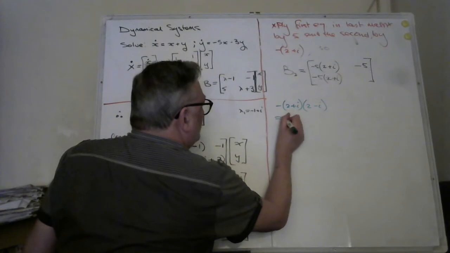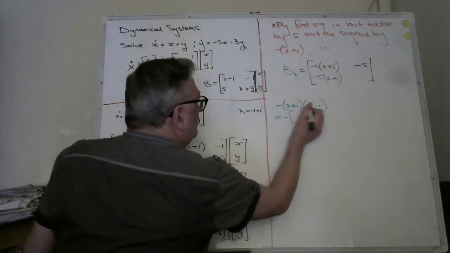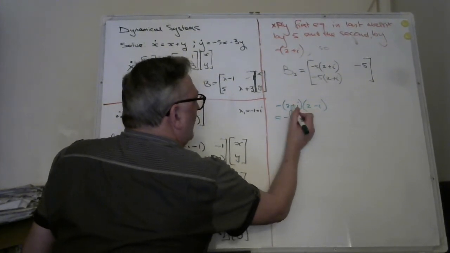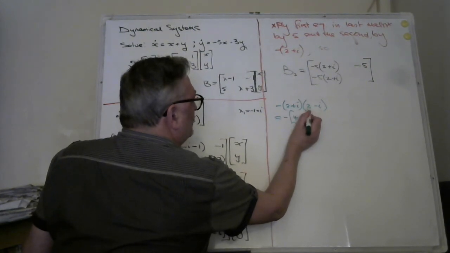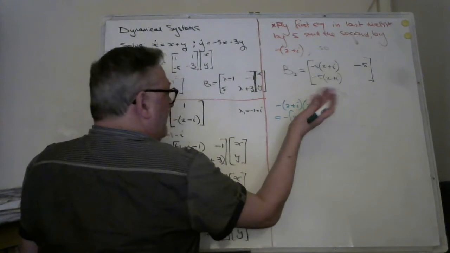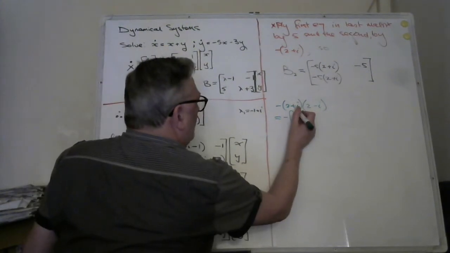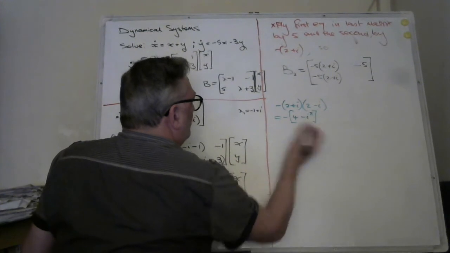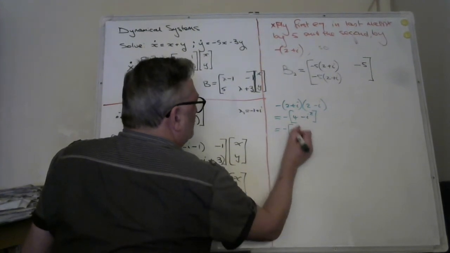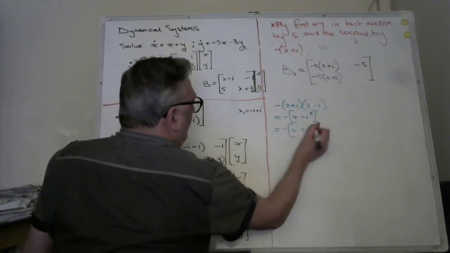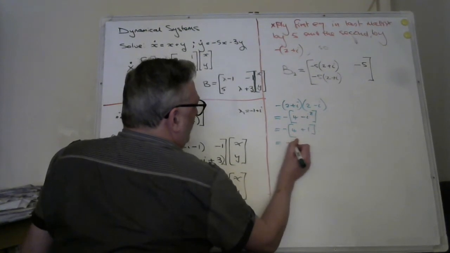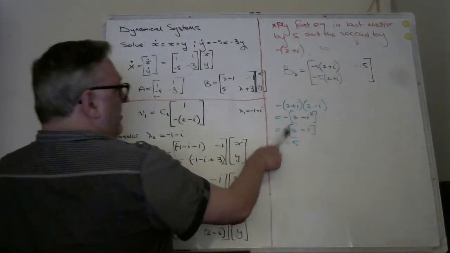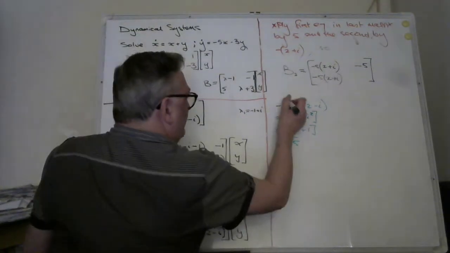So this is equal to minus, 2 2's are 4. 2 times minus i plus 2 times i is just 0. And then you've got plus i times minus i, which is minus i squared. And that's equal to minus 4 plus 1, which is equal to minus 5, if you multiply by the negative sign outside the brackets.